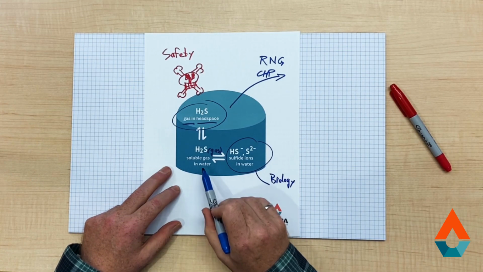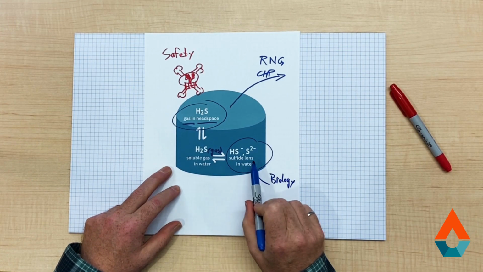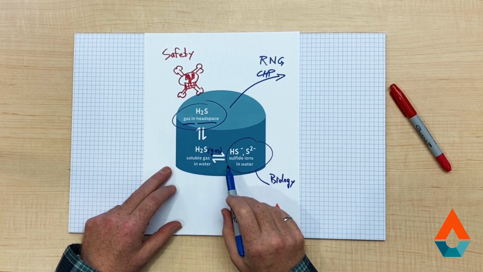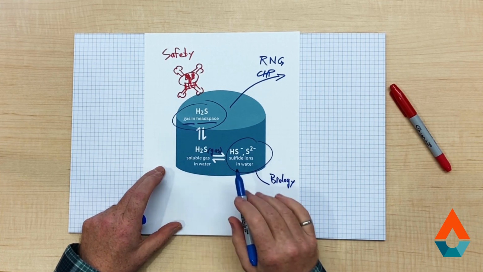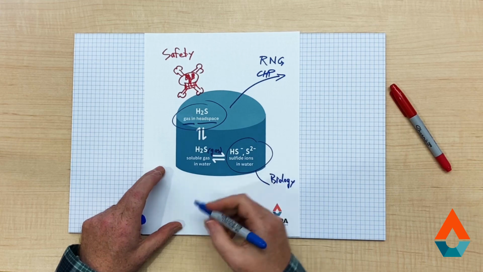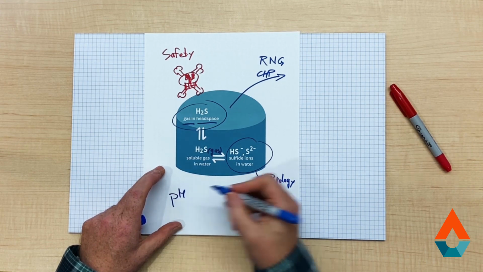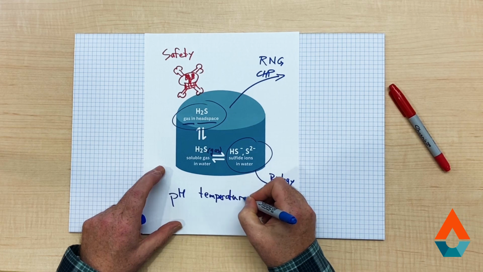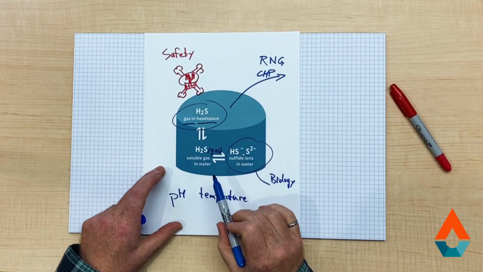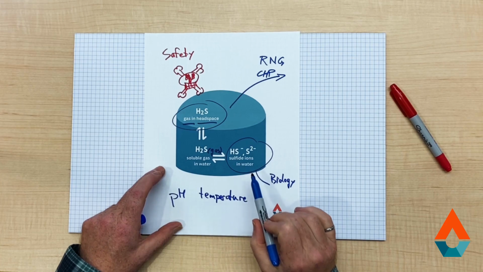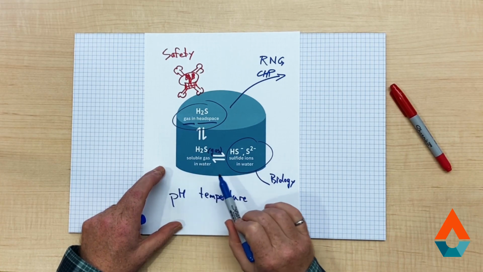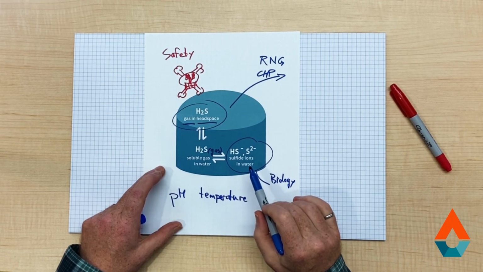Okay. Now the hydrogen sulfide in the gas and biology phase in dissolved ions. So moving back and forth though is through a chemical equilibrium. And the important piece to remember is the pH and the temperature. The pH and temperature are the things that control how much of the hydrogen sulfide is in the gas form and how much of the hydrogen sulfide is in the dissolved ion form.